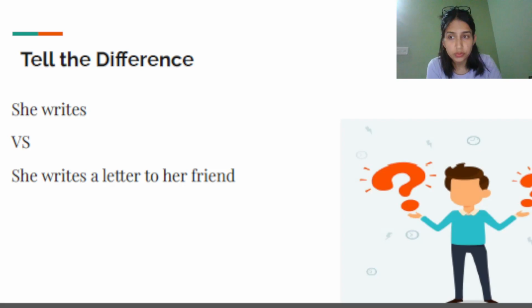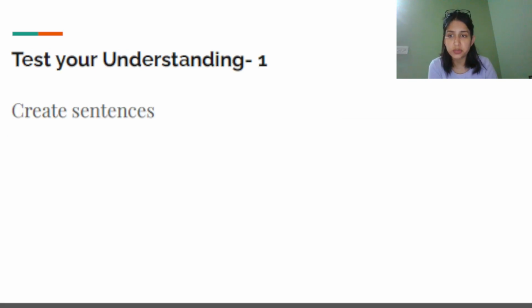So "she writes" is not a complete sentence, while "she writes a letter to her friend" is a complete sentence because it has a subject, a verb and an object as well.